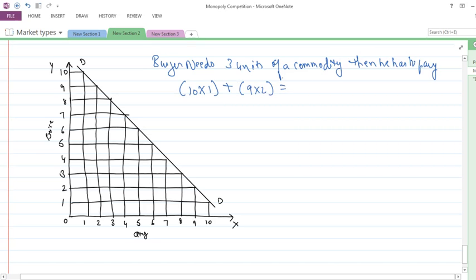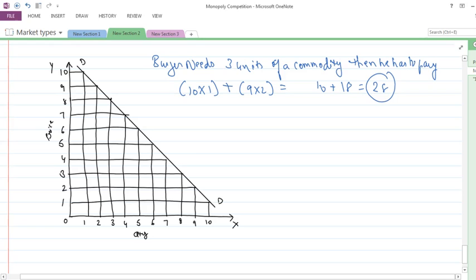So he would be overall paying how much? 10 into 1 is 10 plus 9 into 2 is 18. He has to pay 28 rupees in order to purchase that particular commodity.